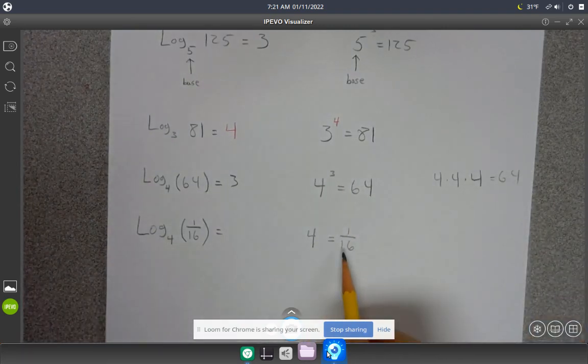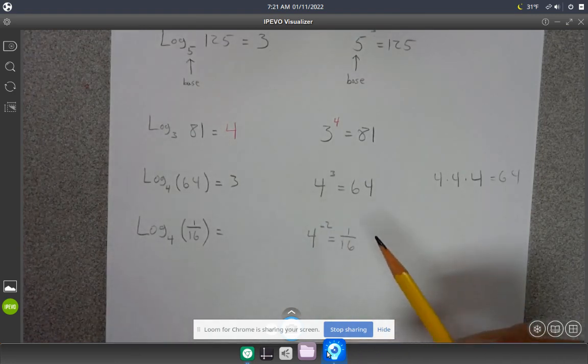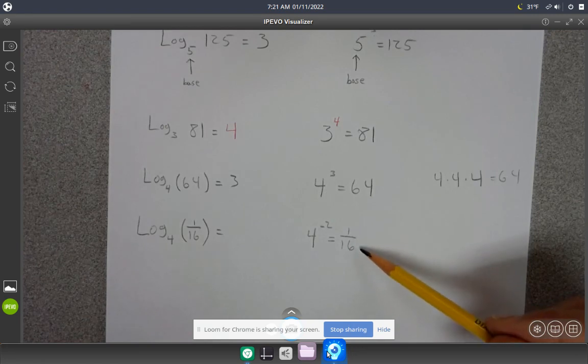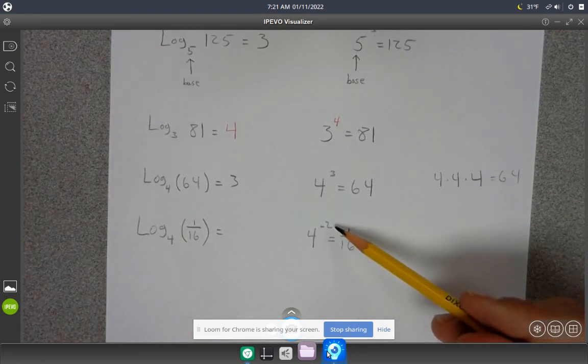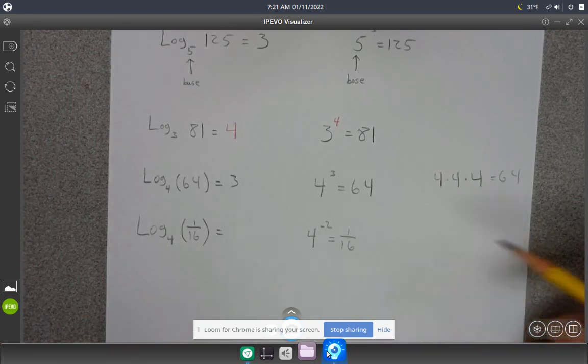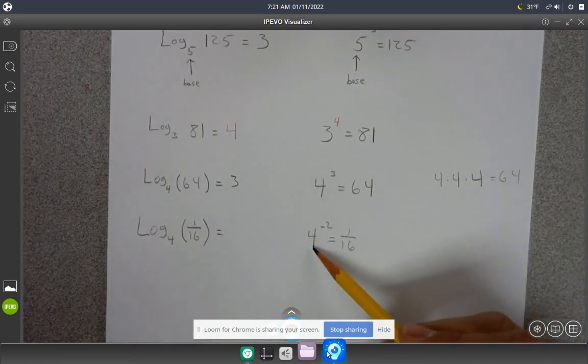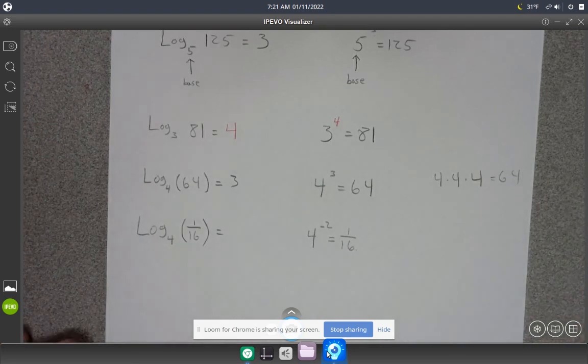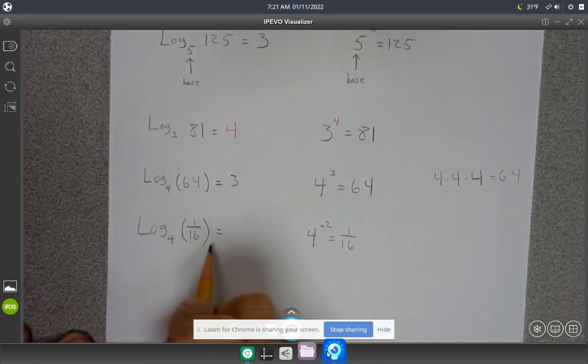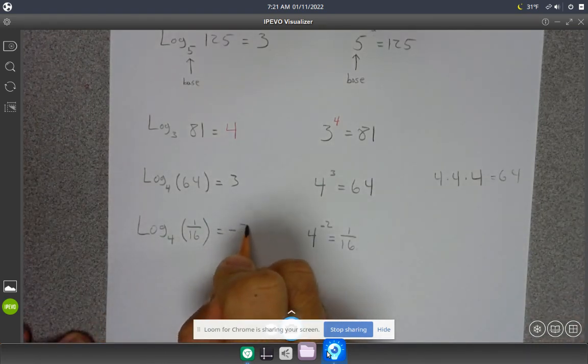The answer to this is going to be negative 2. 4 to the second will give you 16. And then because it's like a division statement, that just means my exponent needs to be negative. And this is one of those properties of exponents. If you raise something to a negative power, it just flips it into the denominator. So log base 4 of 1 over 16 is negative 2.